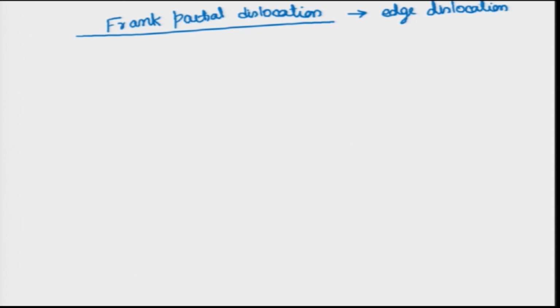Now, here is where we will come back to our original notation of using partial dislocation vectors, where we excluded just 4 of those possibilities: A alpha, B beta, C gamma, D delta.